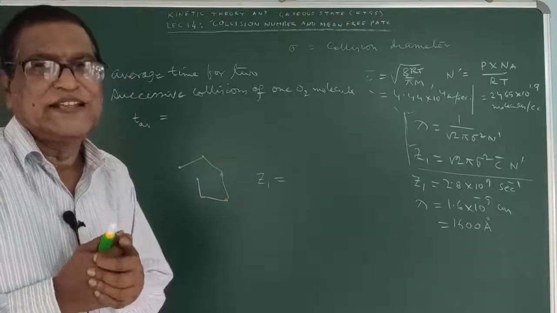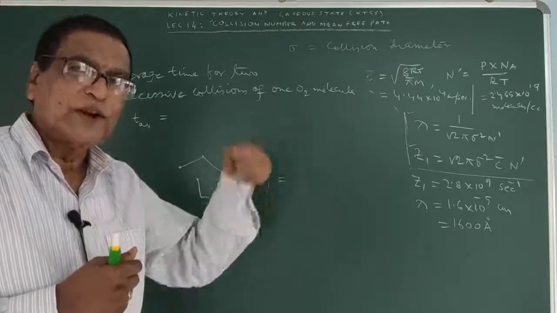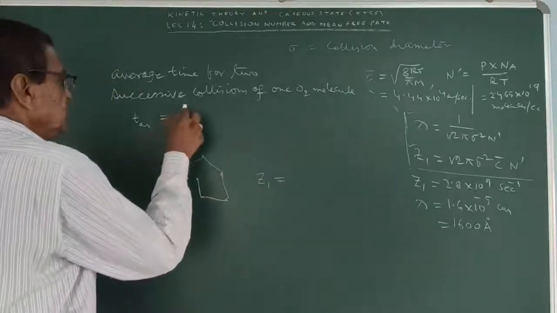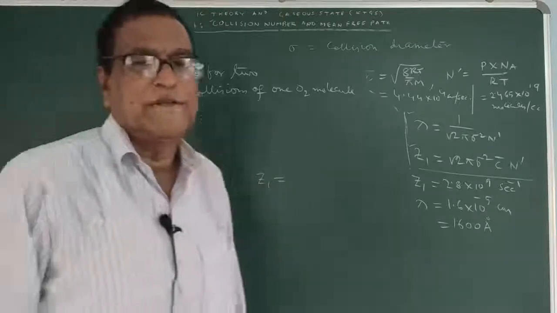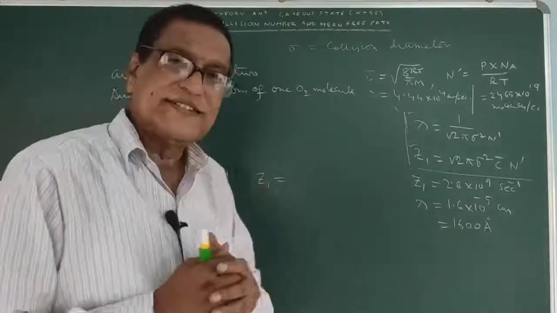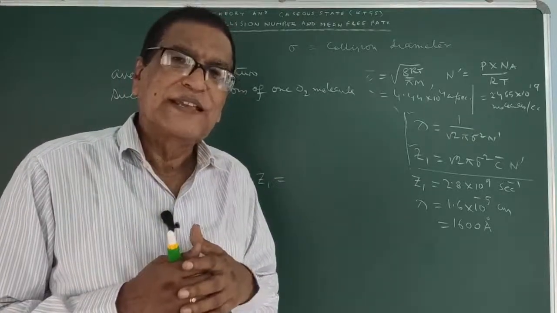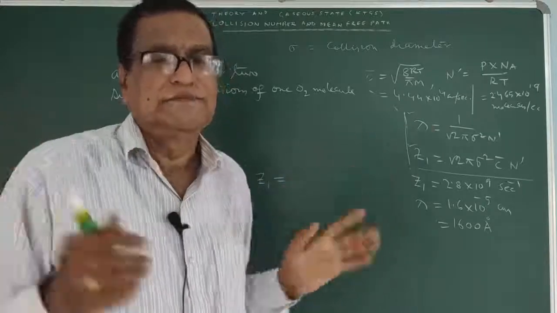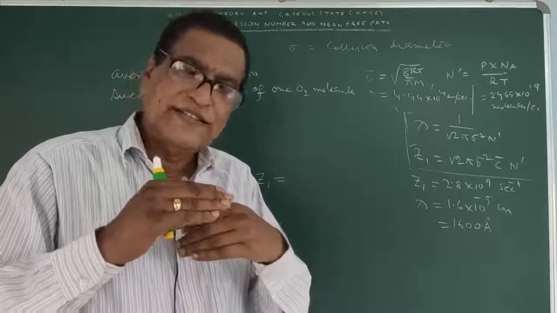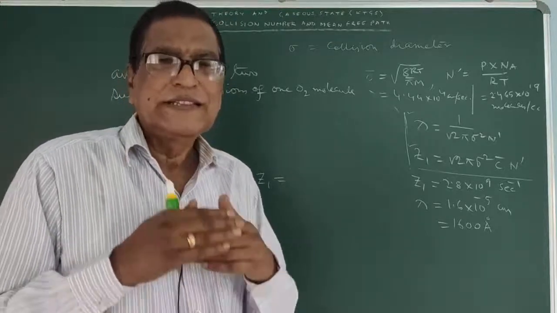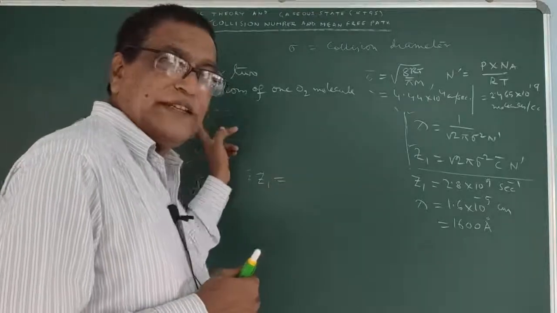Z1 collisions are made by one oxygen molecule in 1 second, so for one collision the time required is 1 second by Z1.